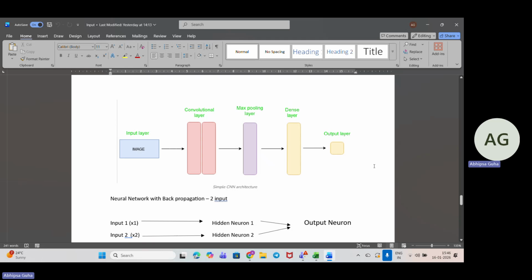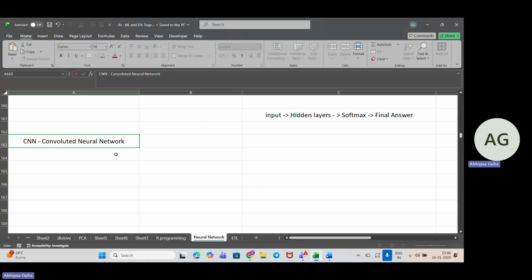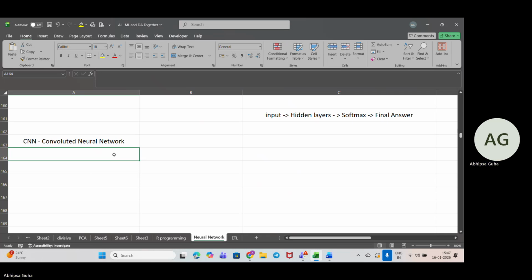Okay. So before that, we are discussing why normal neural networks are bad at images. Imagine a photo. A photograph is made of thousands of tiny pixels, as you all know.